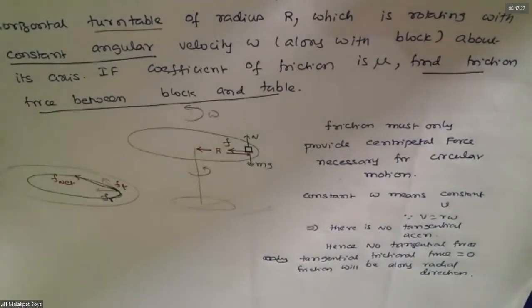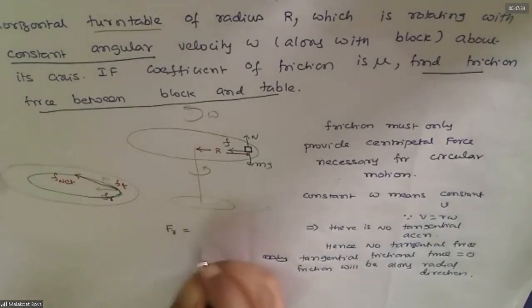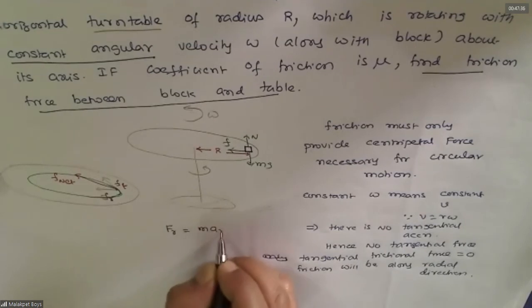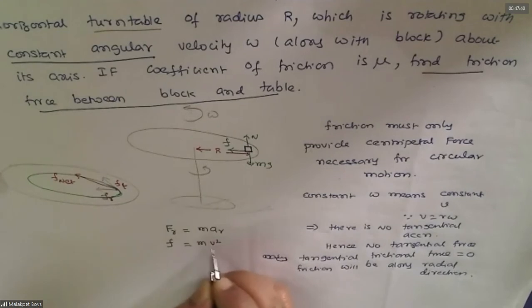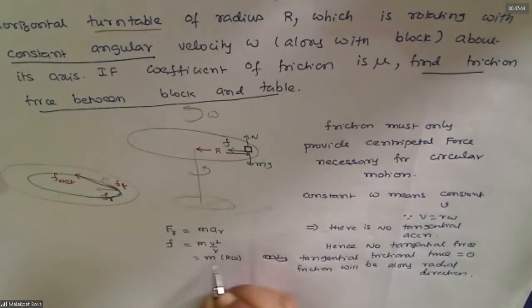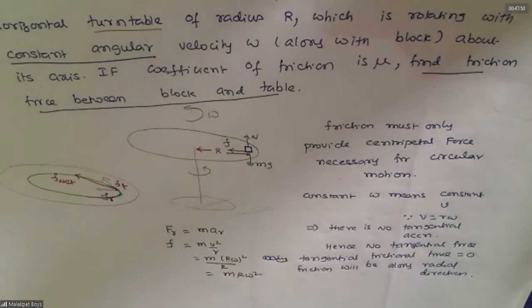So now you can see FR. Understood this? Is it clear or not?